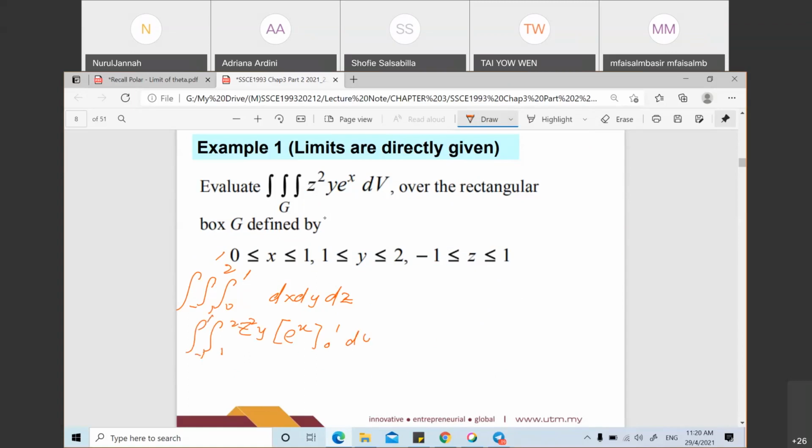So this is just z squared y e, right? e to the power 1 minus e to the power 0 will be 1. Now I integrate this with respect to y.